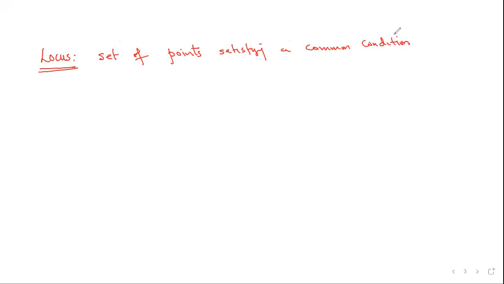Set of points satisfying a common condition is called locus. That is, every point on this locus satisfy a single condition.